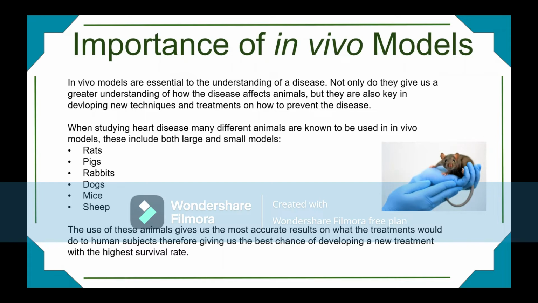The importance of in vivo models. In vivo models are essential to the understanding of a disease. Not only do they give us greater understanding of how the disease affects animals, but they are also key in developing new techniques and treatments on how to prevent the disease. This is because the models are crucial to how we understand the pathophysiology.